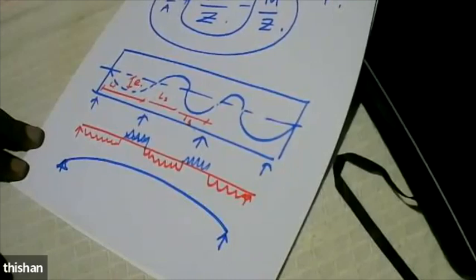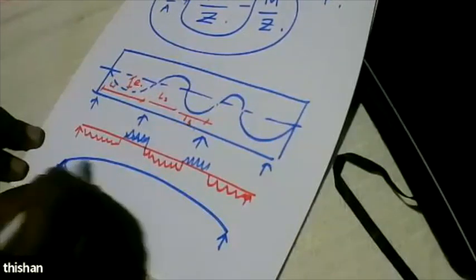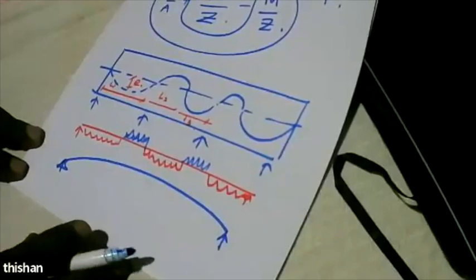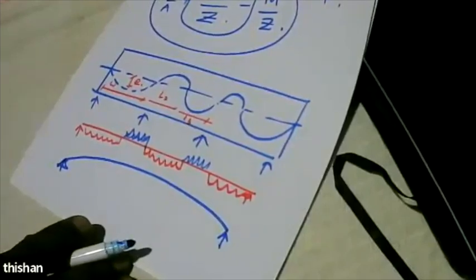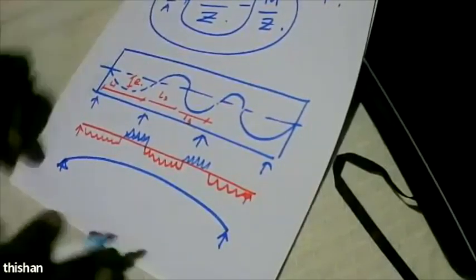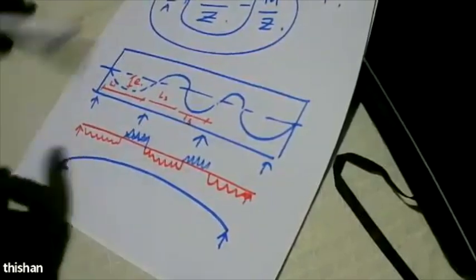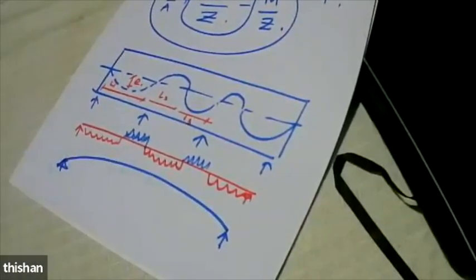But can it actually happen in practice? No, because there's dead weight and there are supports. Because of all these supports, what will happen? When the beam tries to lift upwards like this, the supports will say, no, you can't move on.